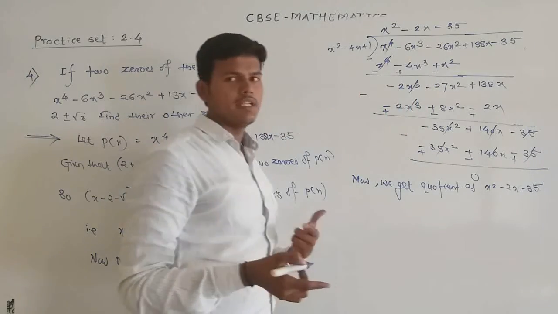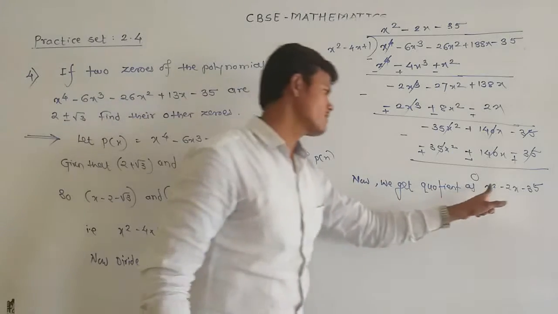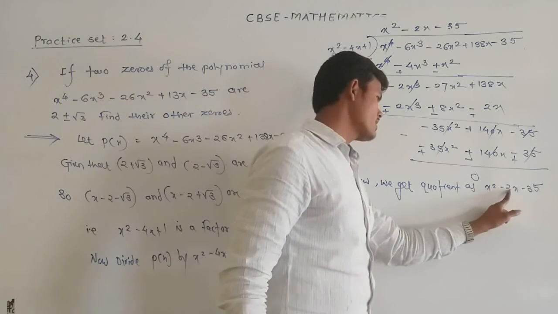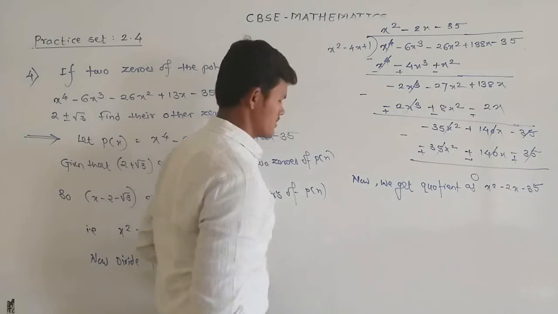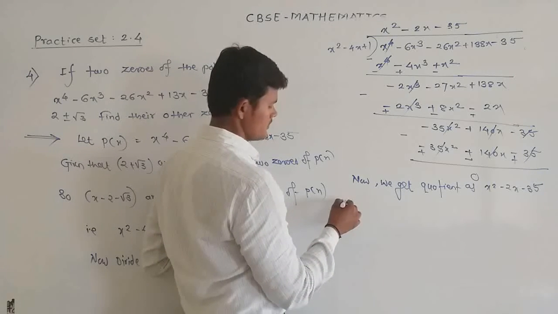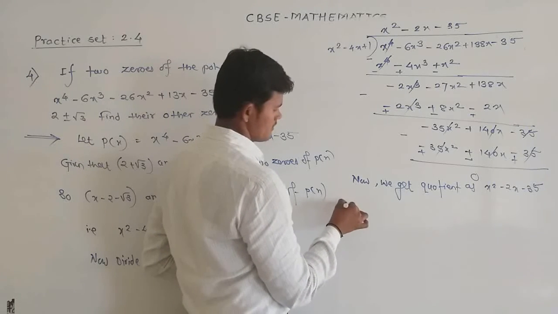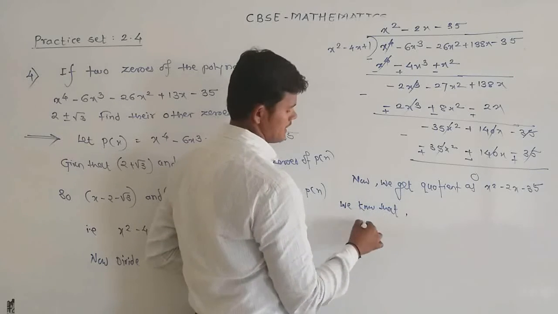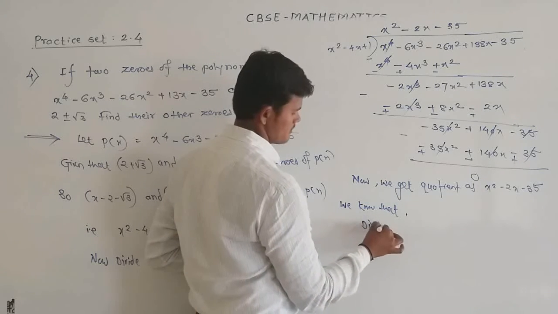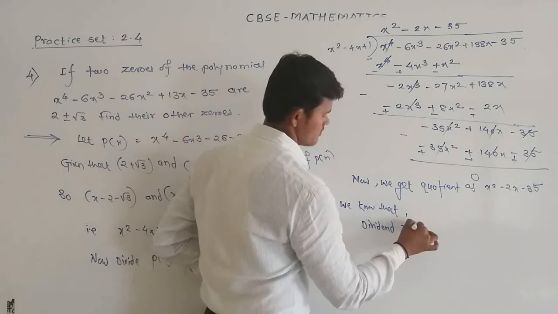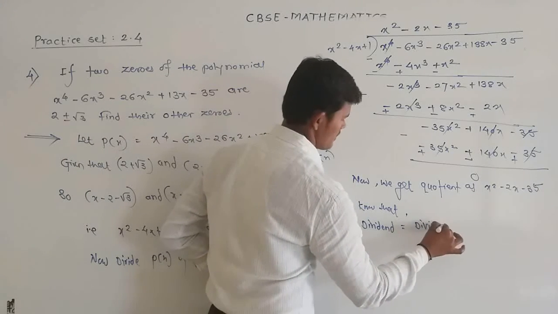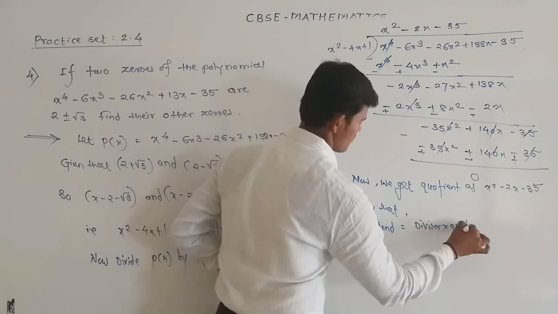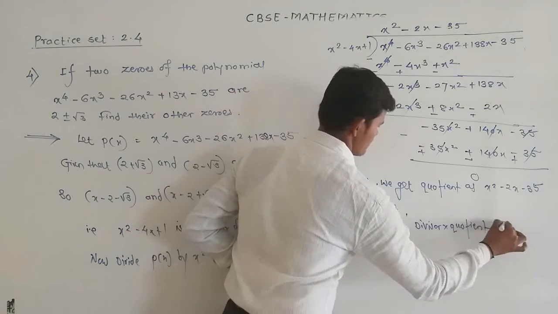To find the remaining zeros, find factors of quotient by splitting the middle term. So we know that dividend is equal to divisor into quotient plus remainder.